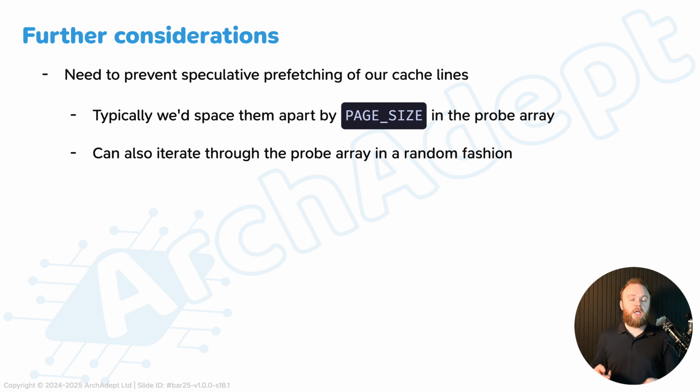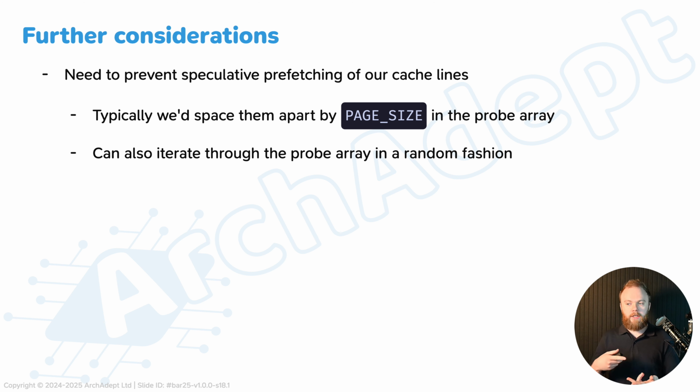With that in mind, a more robust solution will need some way of suppressing this kind of speculative prefetching from being performed by the CPU. And typically what we'll do is space apart the cache lines by some relatively large number of bytes in our probe array. So for example, we may space the cache lines apart by at least one full page of memory.